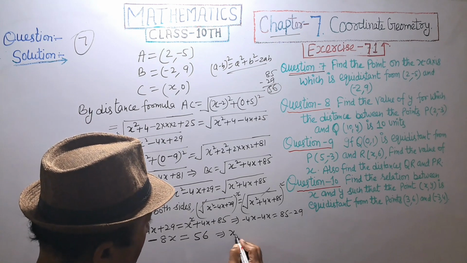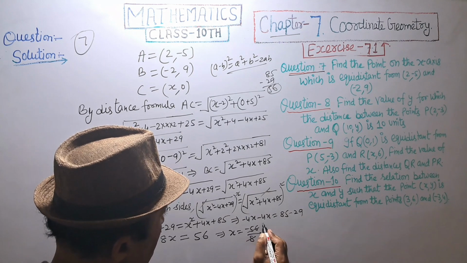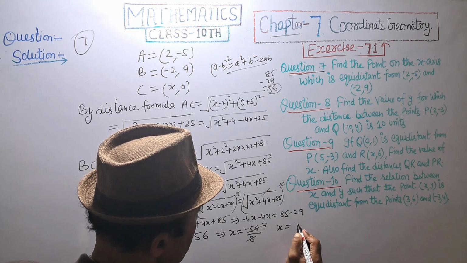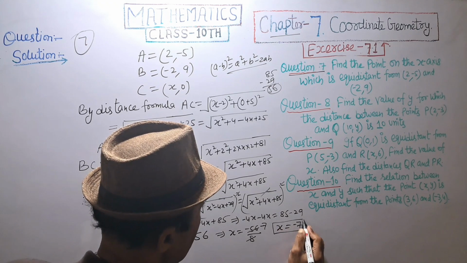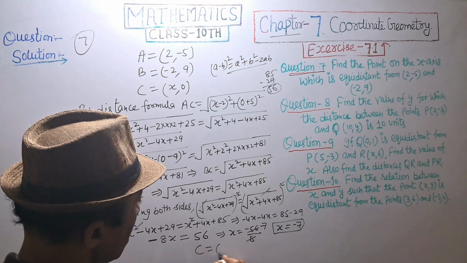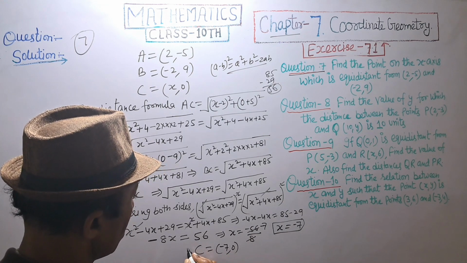This implies x is equal to minus 56 upon 8, that is minus 7. So x is equal to minus 7, and the point C is (-7, 0).